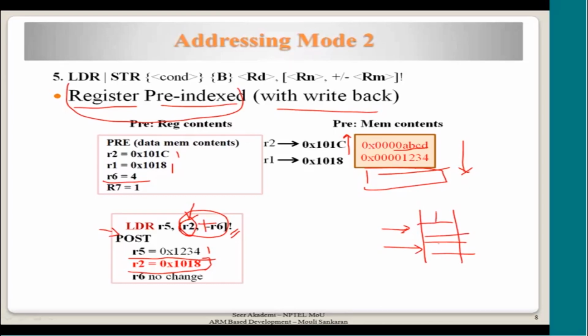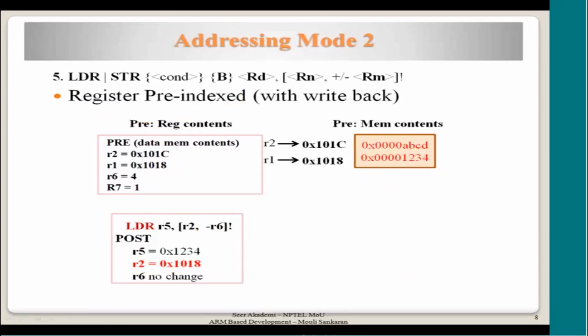So it keeps on either moving up or down based on whether you have put plus or minus in the instruction. So that is why it's called write back. So the new address you have computed is written into the base register. Okay, got it. So let us move to the other one.